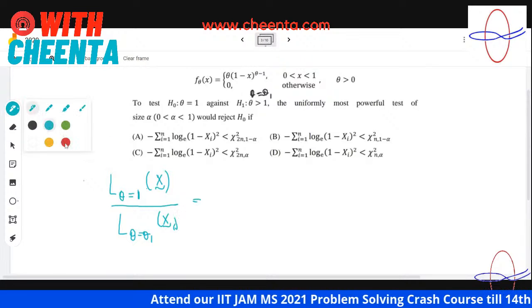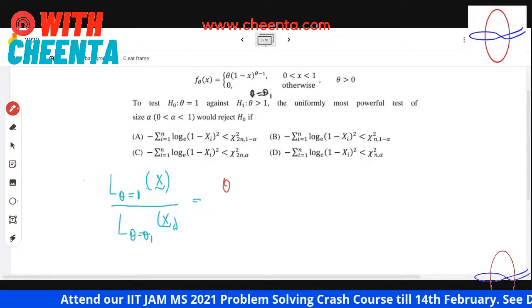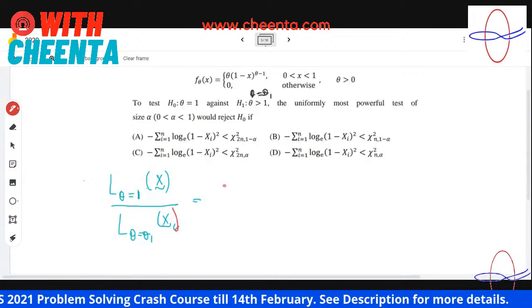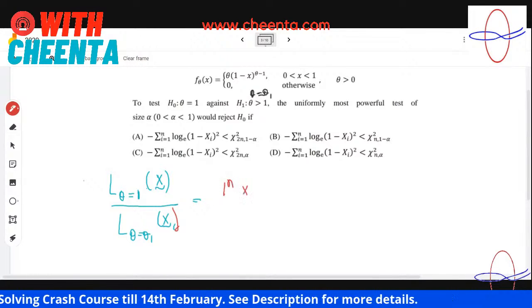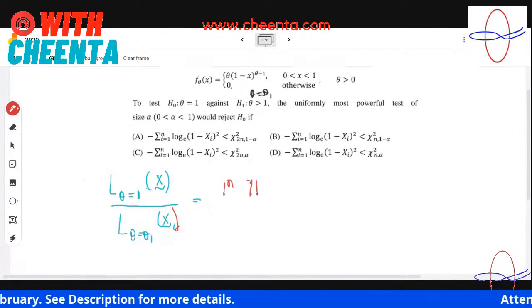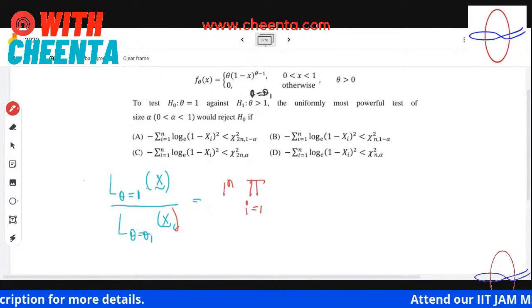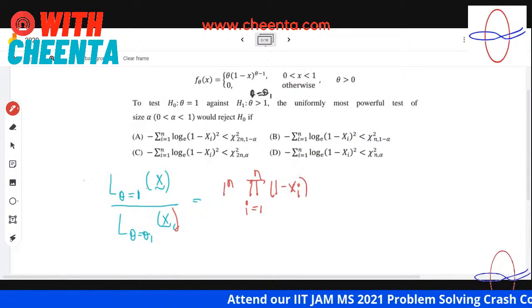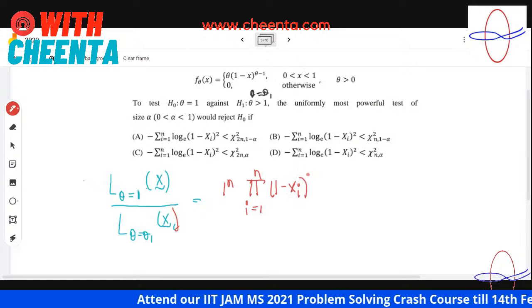It is theta 1 to the power n, times the product over i of 1 minus xi, whole to the power theta minus 1.